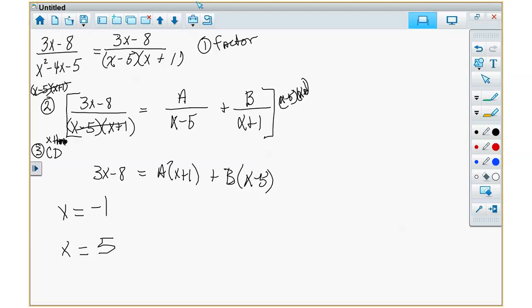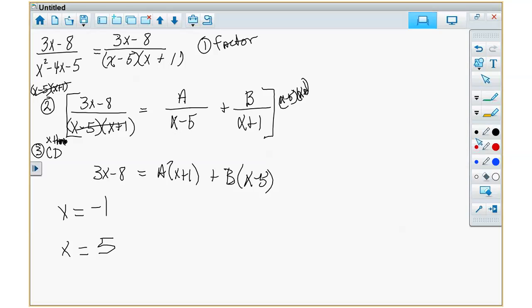Or just get x equals -1 and x equals 5. You got two parts right here, right? So in one equation, I need to make this equal 0. In the other one, I need to make this equal 0. So what will make this equal 0? And what will make this equal 0? That's where I got these two.